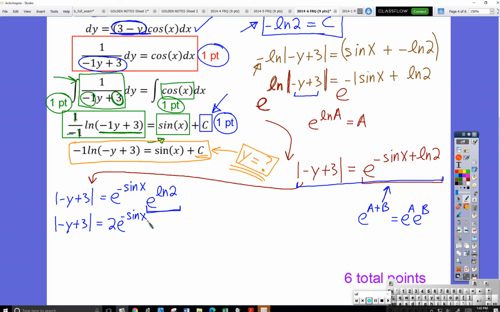Like that. Now to get rid of the absolute value bars, you must remember that you get two possible solutions. Either this right here, negative y plus 3, will equal exactly what you have on the other side of the equal sign.